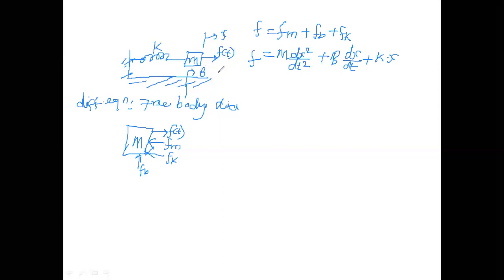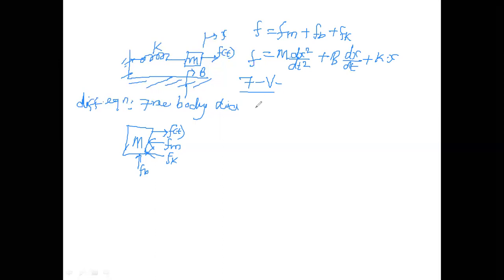Understood? So now we need to convert this into its corresponding analogous system, that is the force voltage analogy as well as the force current analogy, right? Let us see how we obtain the force voltage analogy. For the force voltage analogy, you need to replace the mass element, the frictional or dashpot element, and the spring element with their corresponding elements in the electrical system.